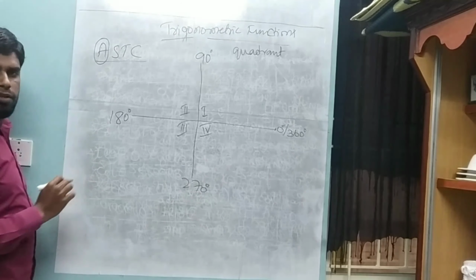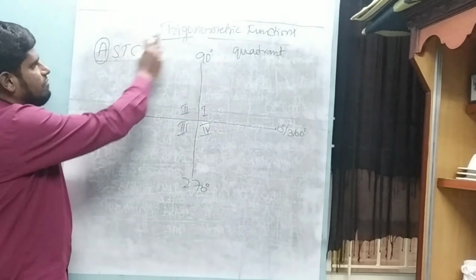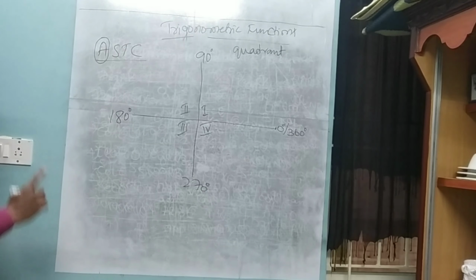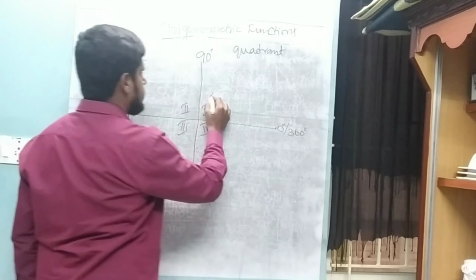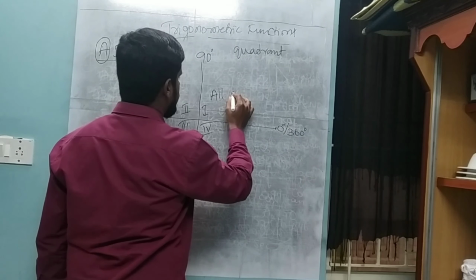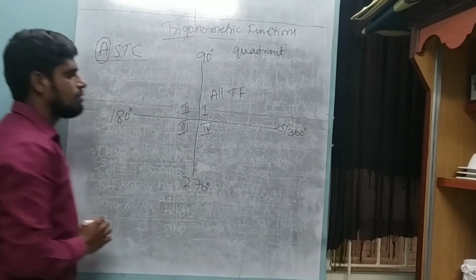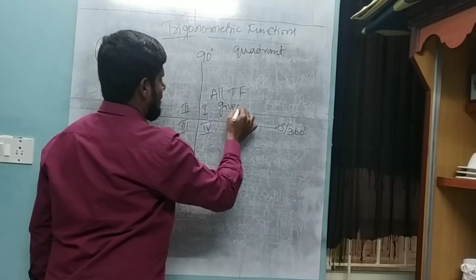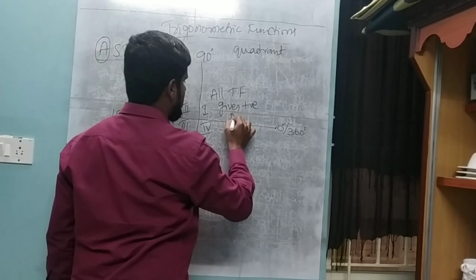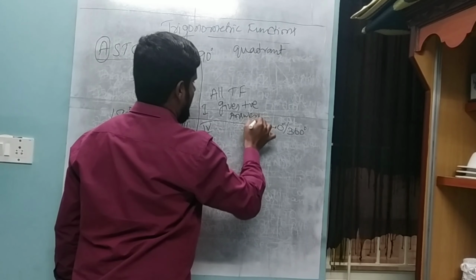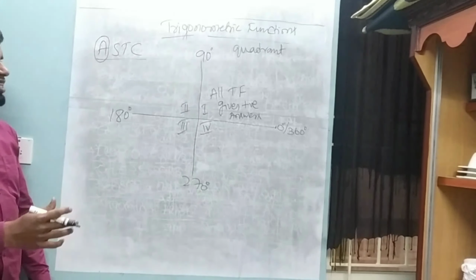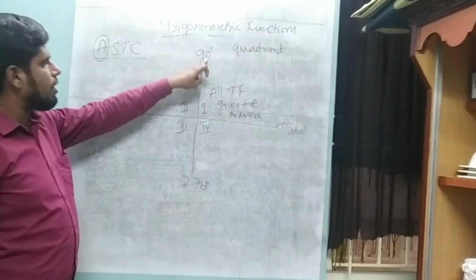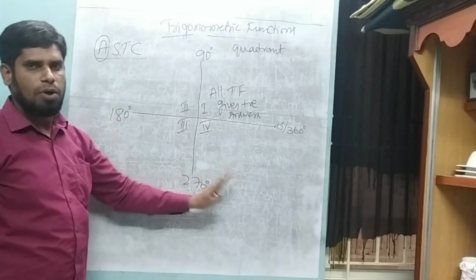First quadrant: in the first quadrant, all trigonometric functions give positive answers. I will write the shortcut TF: all TF give positive answers. What the answers are, we'll discuss later. That is not needed right now. But in the first quadrant, all 6 trigonometric functions give positive answers.